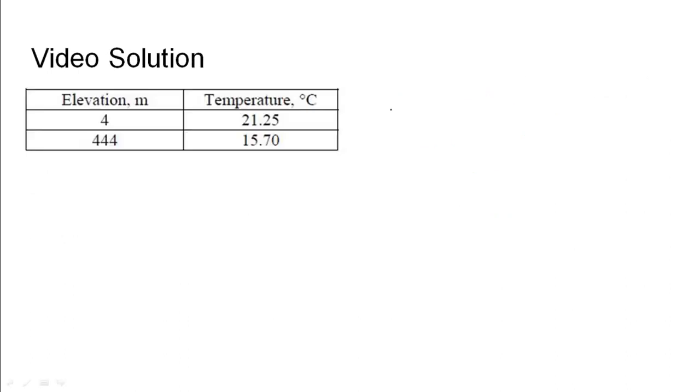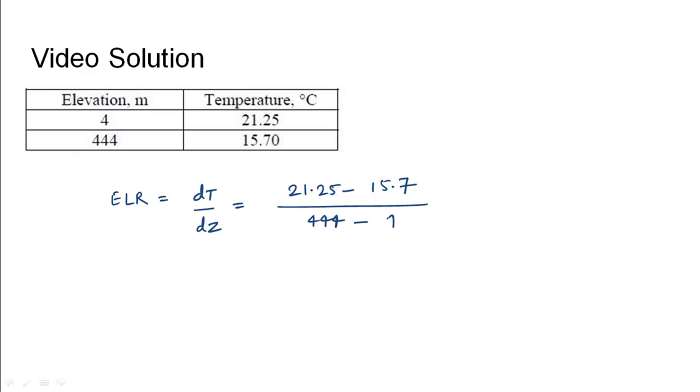So in this case we have been given the temperature profile, so we will calculate the environmental lapse rate, which will be dT over dz. So we will take the higher temperature first, 21.25 minus 15.7, and we will again take the higher elevation first, that is 444 minus 4.